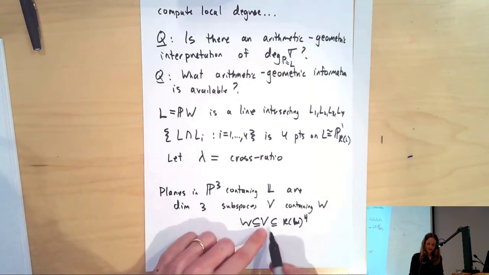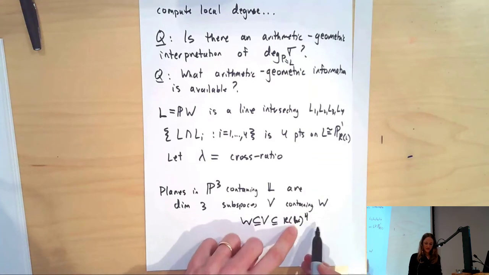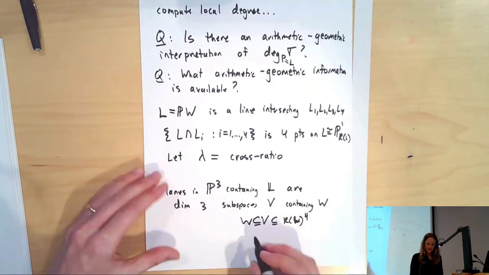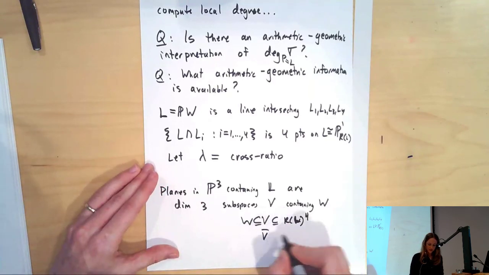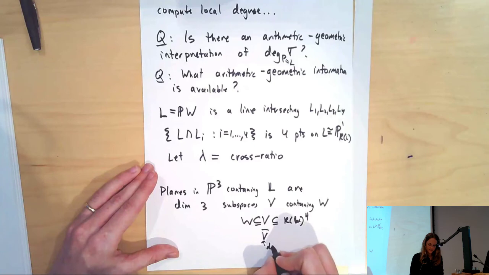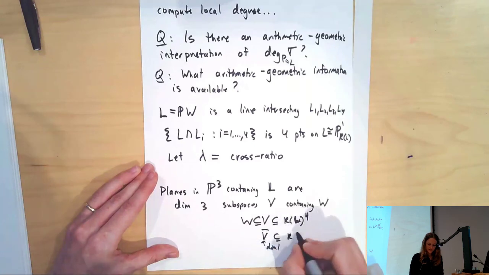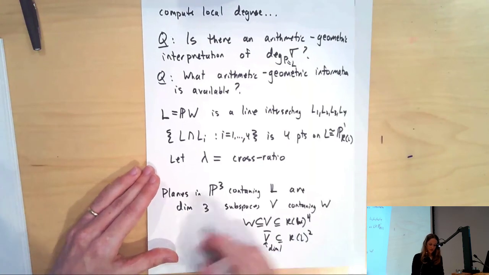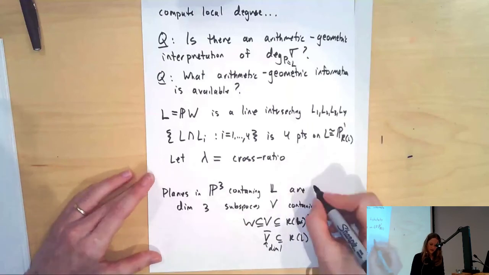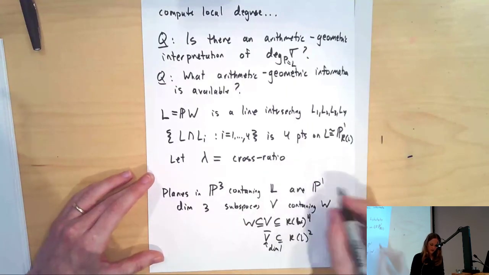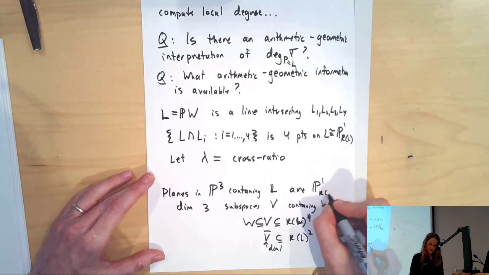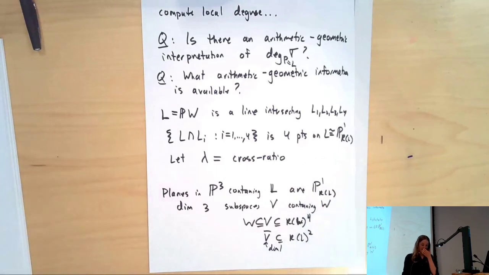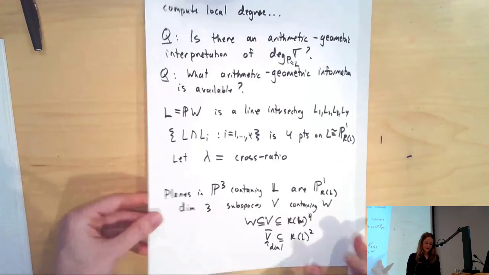So this is like a one-dimensional subspace of K of, so equivalently V bar dimension 1 inside a KL2. So the upshot is they are a P1, isomorphic to a P1 K of L. And we have 4 planes containing L, namely the 4 planes spanned by the line.